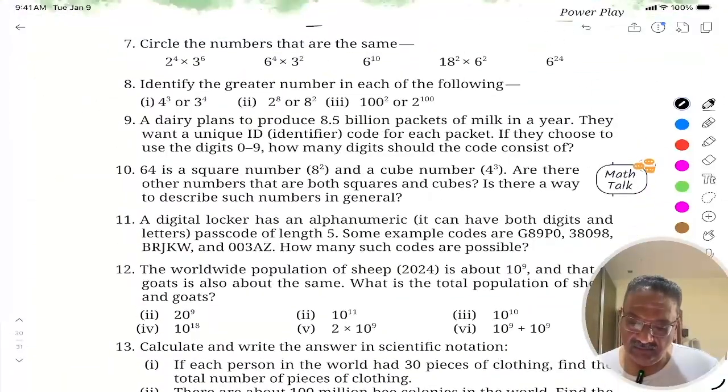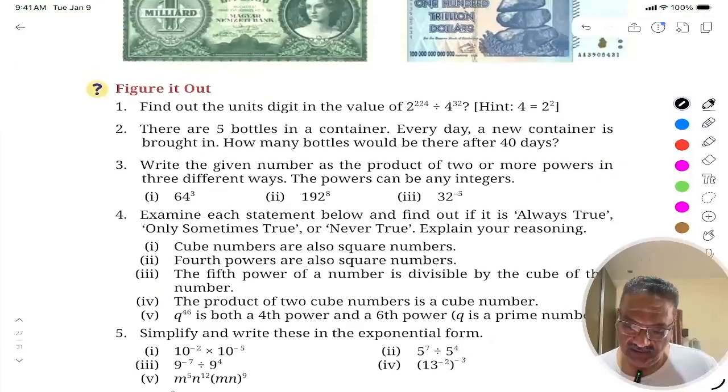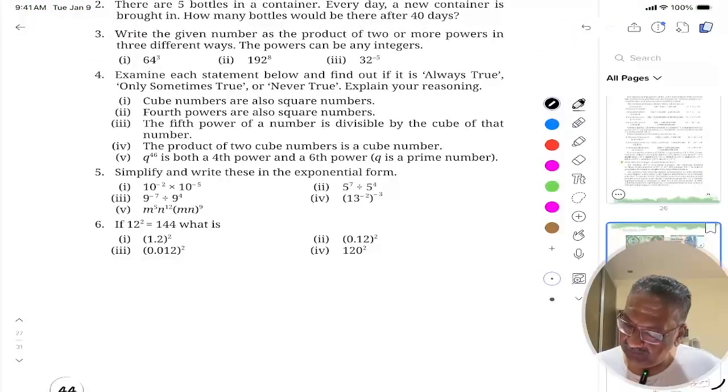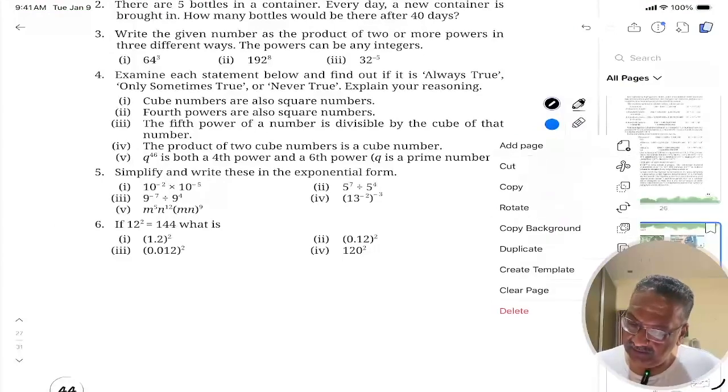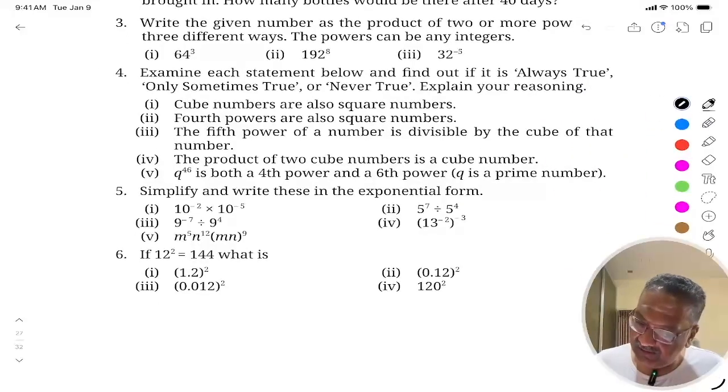Okay, now let's come to the fourth question. Where is the fourth question? 3 is over. Now the fourth question. Let me add a page here. Fourth question, let's take it outside.